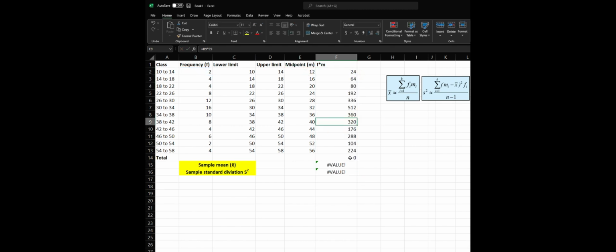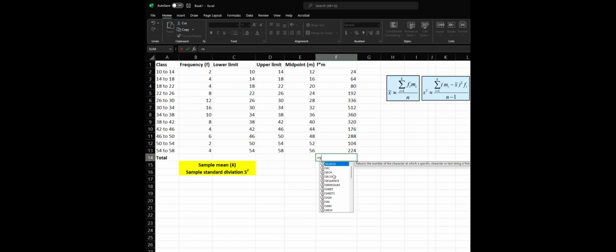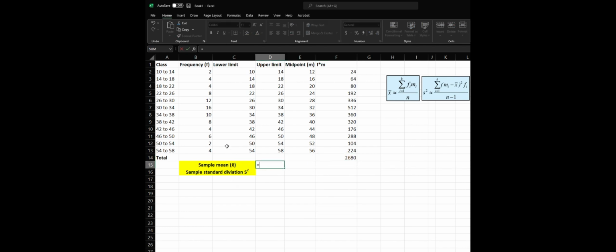Right? So what we need to add here is the summation, because we want the summation of all these calculations for the observations, F times M. And then with that, we can calculate the sample mean. So go ahead and do that. Take this number, and the total number of observations represent n in this case.